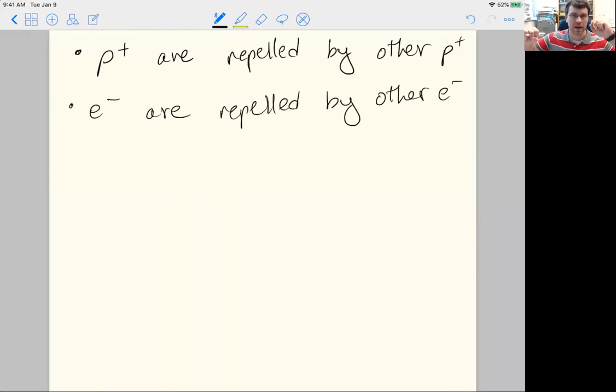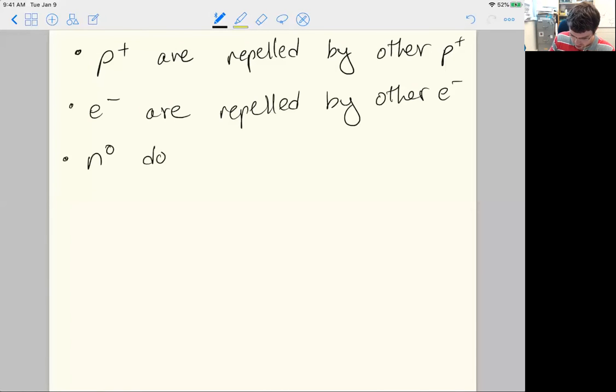We see that when we have two magnets that we're pressing together that have identical poles. Okay, so protons are repelled by other protons, electrons are repelled by other electrons. What about neutrons?